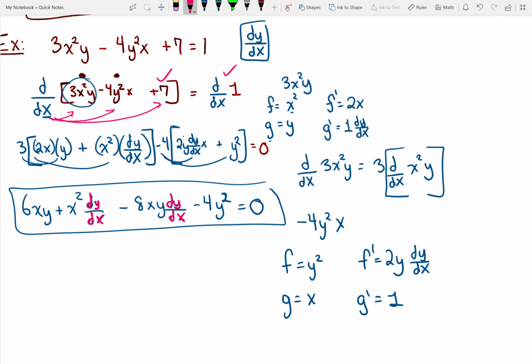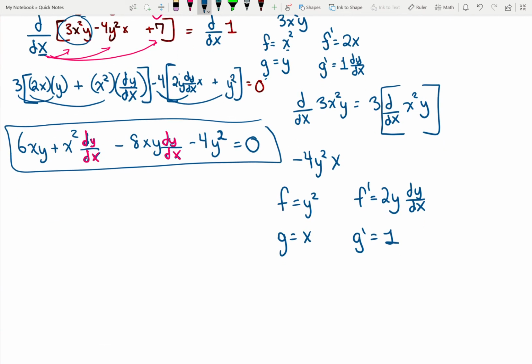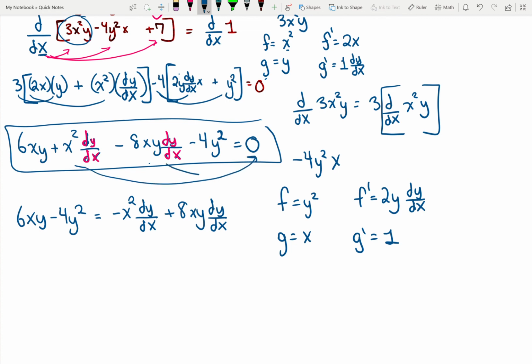So probably the plan of attack here is to put anything with dy/dx on the other side and then factor it out. So what we're going to be left with is 6xy minus 4y squared equals minus x squared dy/dx plus 8xy dy/dx. So I just brought both of these to the other side.